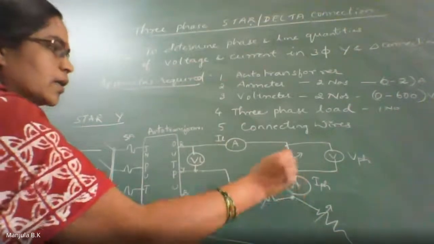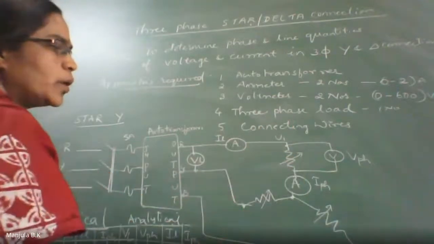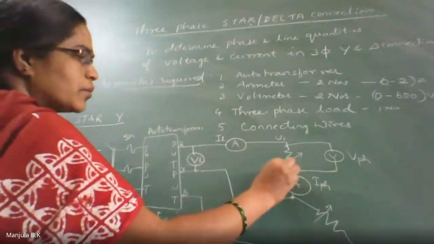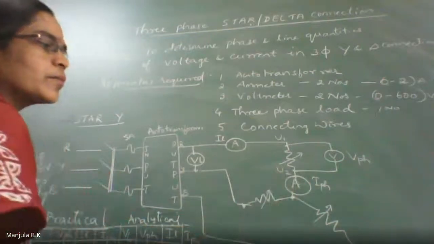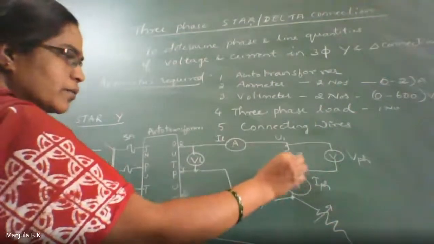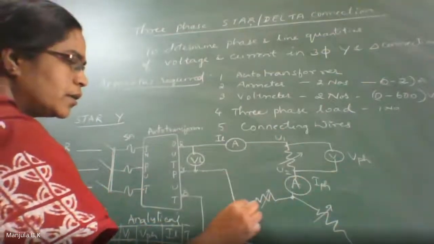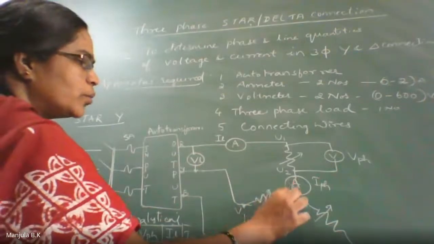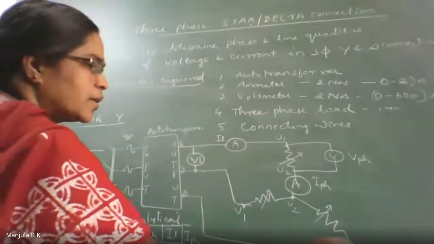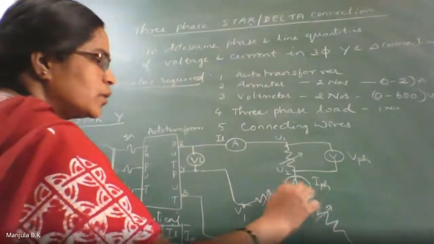So if I write here, U1 and U2 will be connected here, because after that you have an ammeter. Because I have to measure the current flowing through this branch. Then it is V1, V2 and W1 and W2. So this is a node.